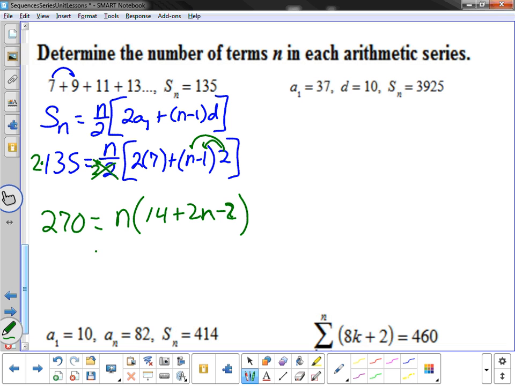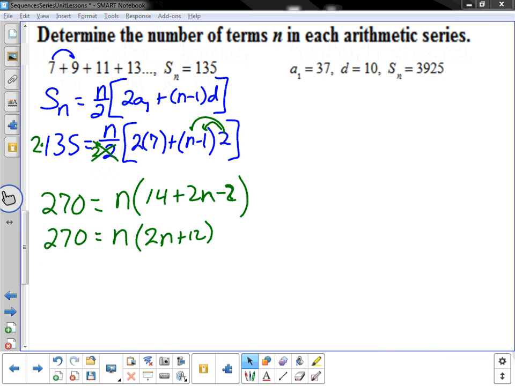So let's see what I got. n times 2n, 14 minus 2 is a 12. So I've got 270 equals n times 2n plus 12, and I need to figure out what n is going to be to make that work. So I could guess and check and throw numbers in.